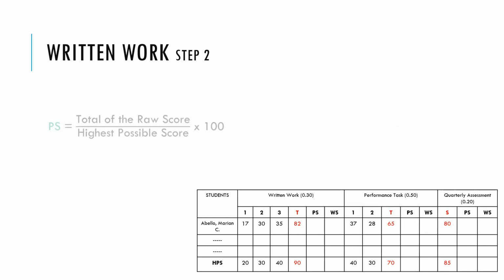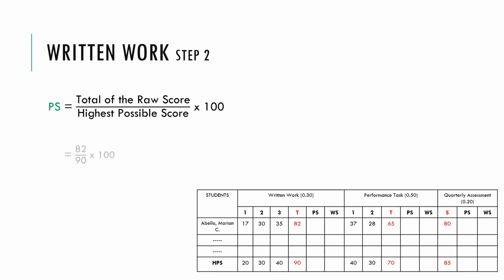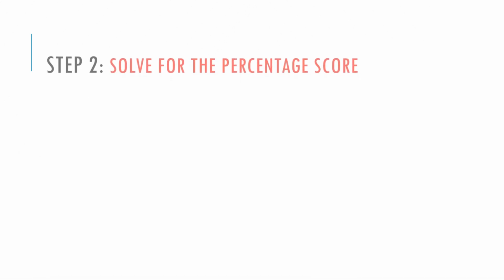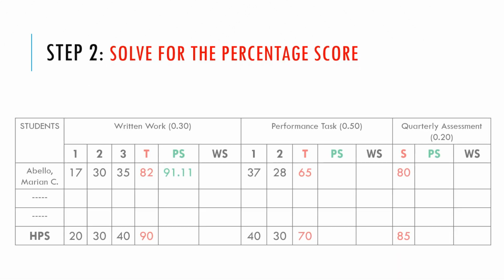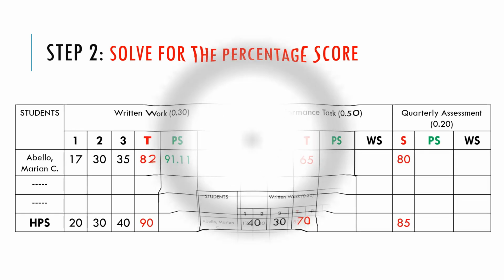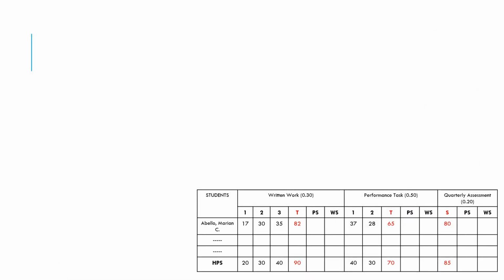So by substitution, we have 82 over 90 times 100 equals 0.9111 times 100 equals 91.11. And so, PS in written work is 91.11.